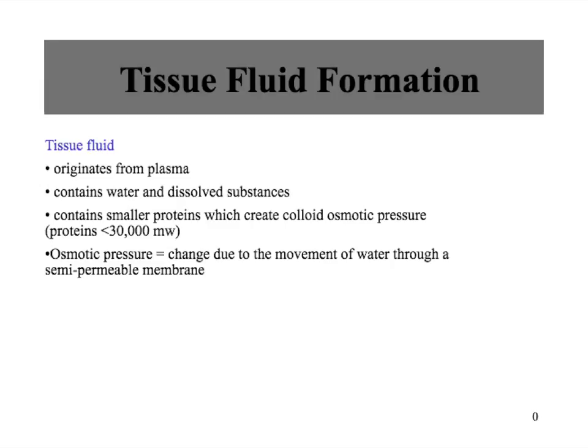This tissue fluid we know comes from blood plasma, and so any items that might be found within blood plasma, such as water and some of those dissolved substances, would be found in lymph. But remember that endothelial tissue can act as a membrane, really filtering out some of the larger proteins. What happens, though, is it does contain smaller proteins.